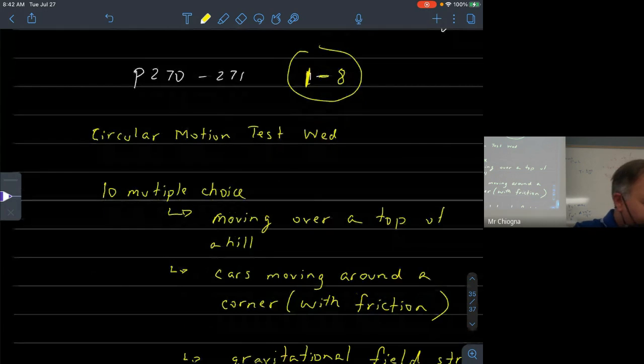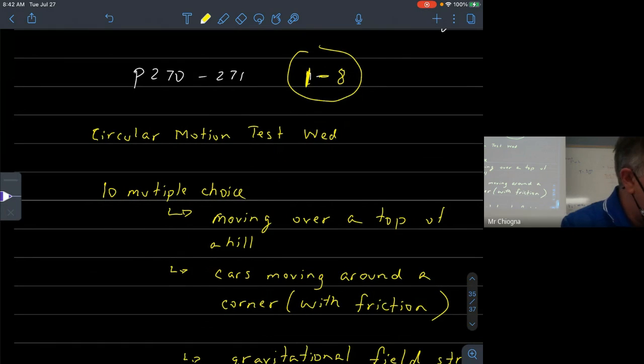Okay, so we'll go over page 270. And before I forget, reminder, remember your circular motion, which includes gravity.